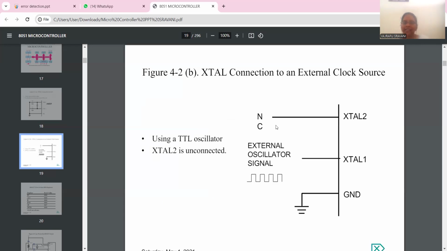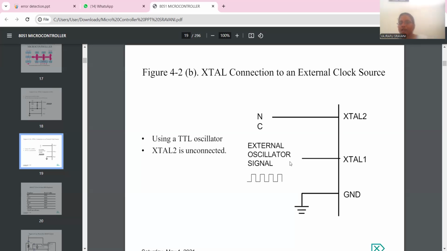Otherwise, the second method is by using a TTL circuit. We can also generate the 11.059 to 12 megahertz frequency this way. Here, a laptop or a function generator can also generate sinusoidal or square wave signals, and that is directly connected to XTAL1.